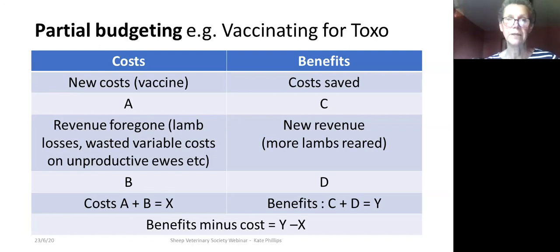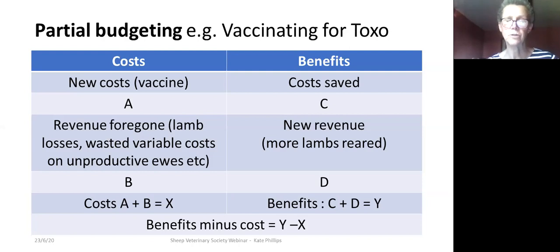But then we need to look at the costs in terms of the new vaccine plus the revenue foregone, plus the cost saved in terms of more lambs reared, and then we can take the benefits, costs saved plus the revenue, from the costs of the new vaccine and the losses, and see what the cost benefit of giving that vaccine has been. So we can do that for a variety of different diseases.